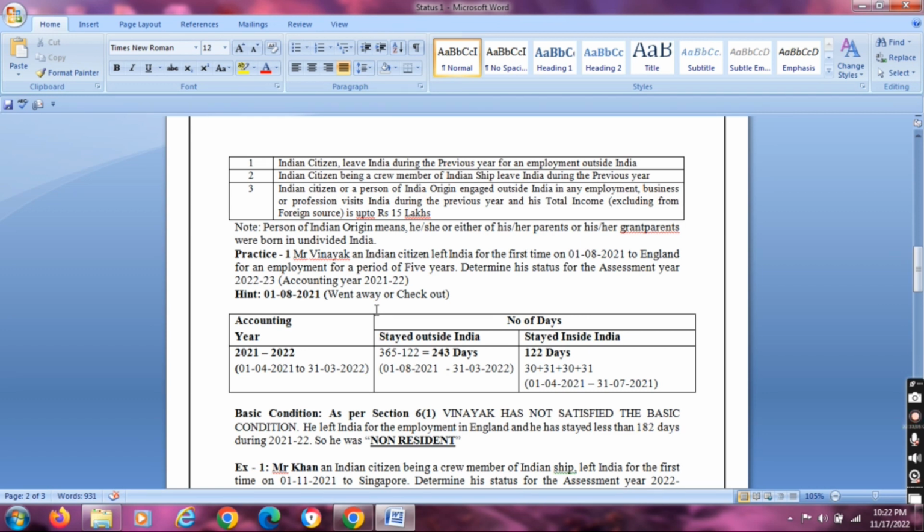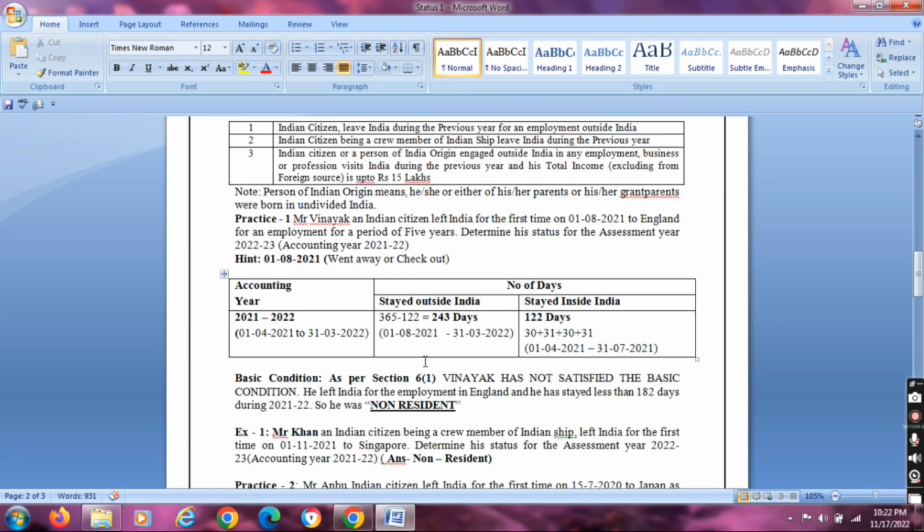So the previous year is 21-22. He stayed in India from 1st April 2021 to 31st July 2021, so his total presence in India is 122 days: April 30, May 31, June 30, July 31, total 122. Let us go for the provisions of the Income Tax Act.